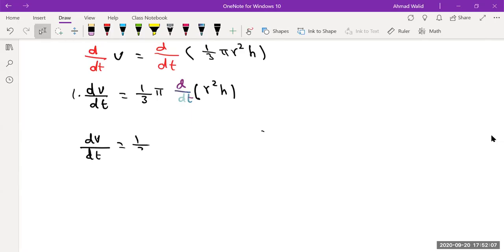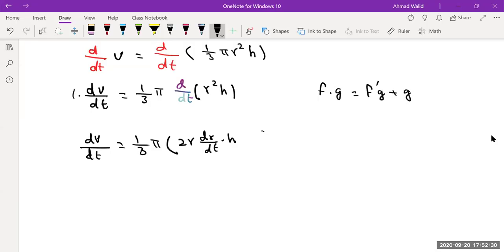equals 1/3 pi, d dt of r squared gives you 2r dr dt, correct? Times h, because when you have f times g, it's equal to f prime g plus g prime f, right? That's your product formula.